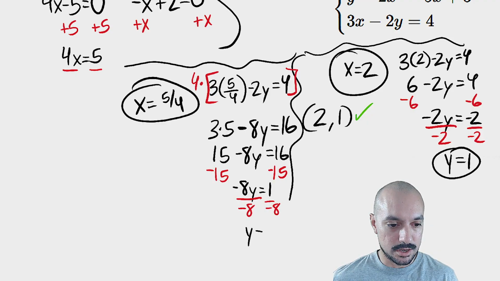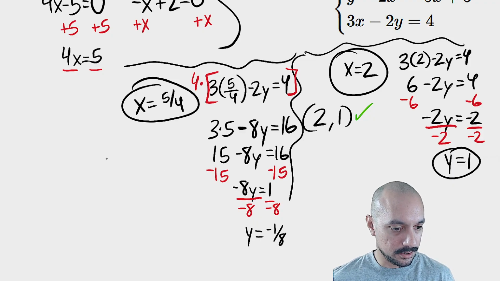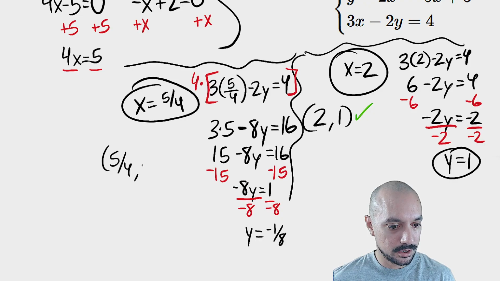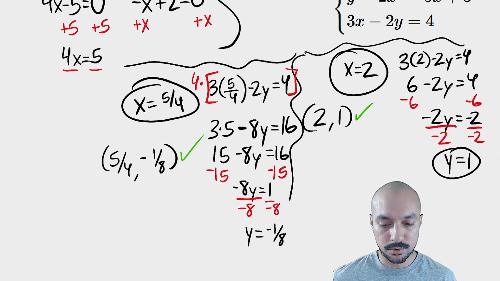And we get y equals negative 1/8. All right, and then the ordered pair there is going to be 5 over 4 and negative 1 over 8. And there we have the two places where these two functions hit.